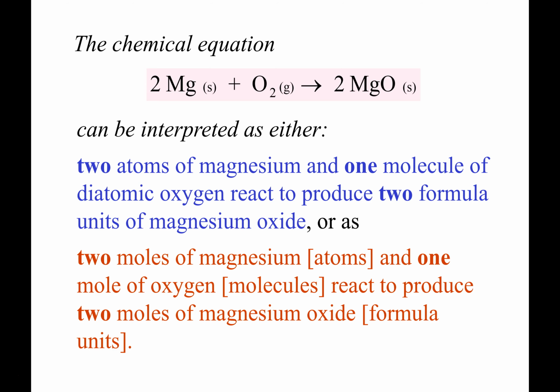Alternatively, we can look at those coefficients of 2, 1, and 2 across the board as not on a small scale, but kind of scale them up. We could say, like this says in red, that 2 moles of magnesium will react with 1 mole of O2 molecules to form 2 moles of magnesium oxide formula units.